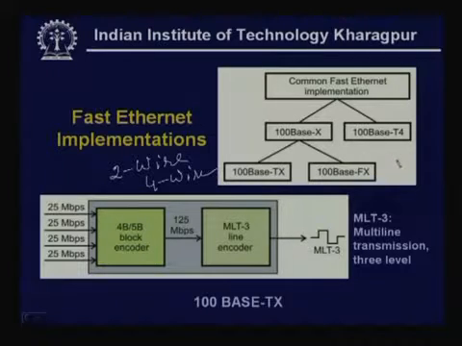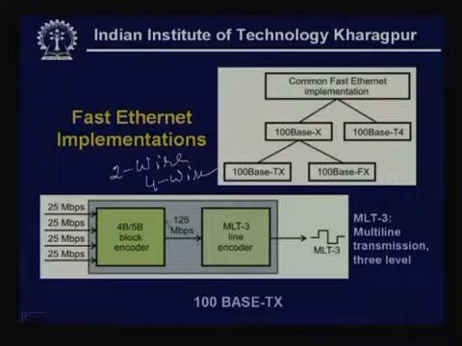So, first we shall consider the 100 base TX. This is 100 base TX, where 4B by 5B block encoding is used. As you can see, the reconciliation layer is supplying 4 bits at the rate of 25 megabits per second. It is receiving it and converting into 125 megabits per second.